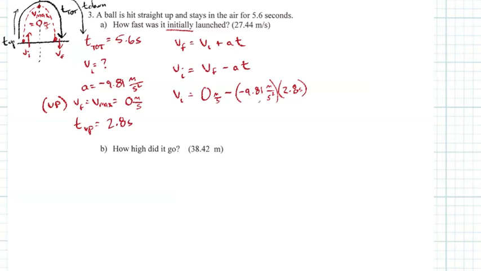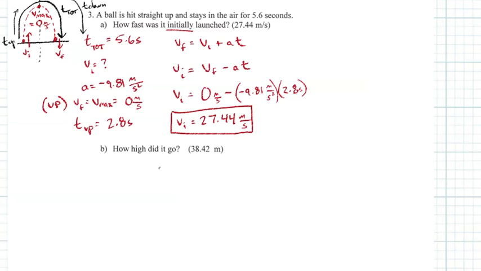So really, we're going to wind up with a positive answer right here because we're subtracting a negative. So we're going to find here that our initial velocity, our VI, is going to be equal to 27.44 meters per second.